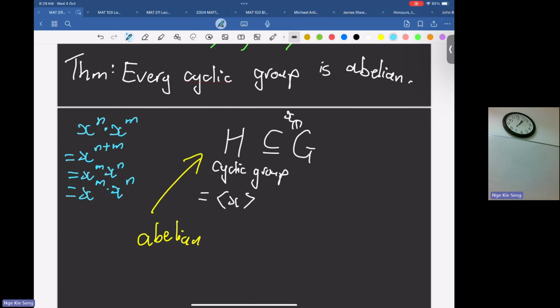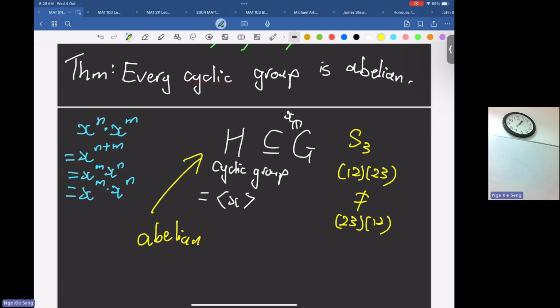So you can see that for every group, we can find an abelian subgroup. For example, Sn is not abelian. Last time I showed you, in S3, for example, (1 2)(2 3) is not equal to (2 3)(1 2).